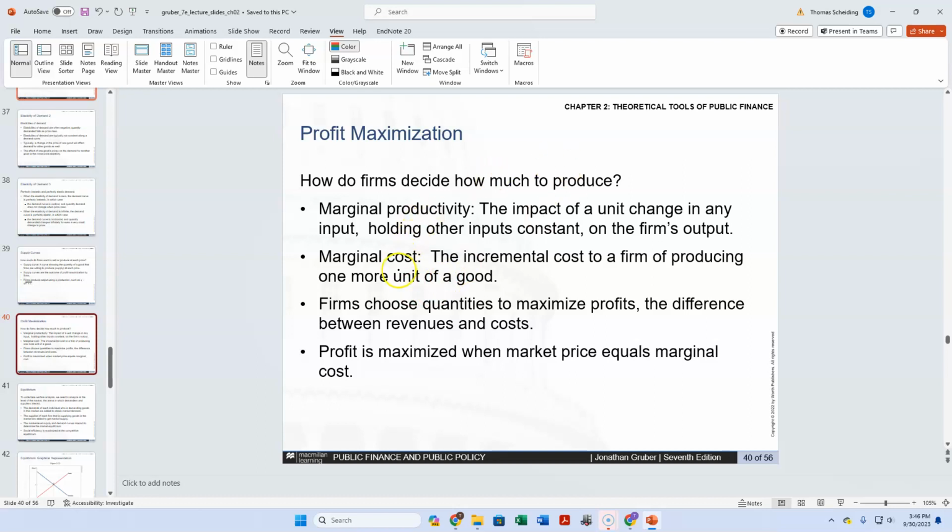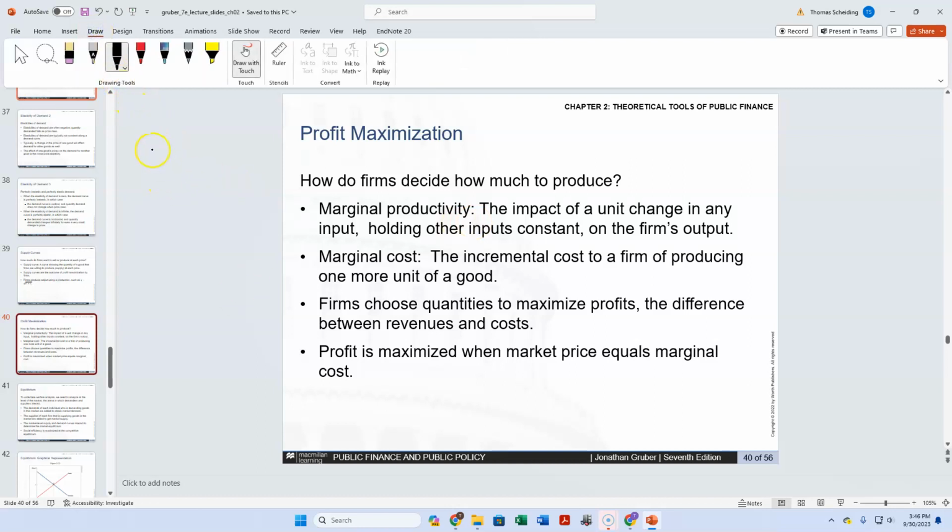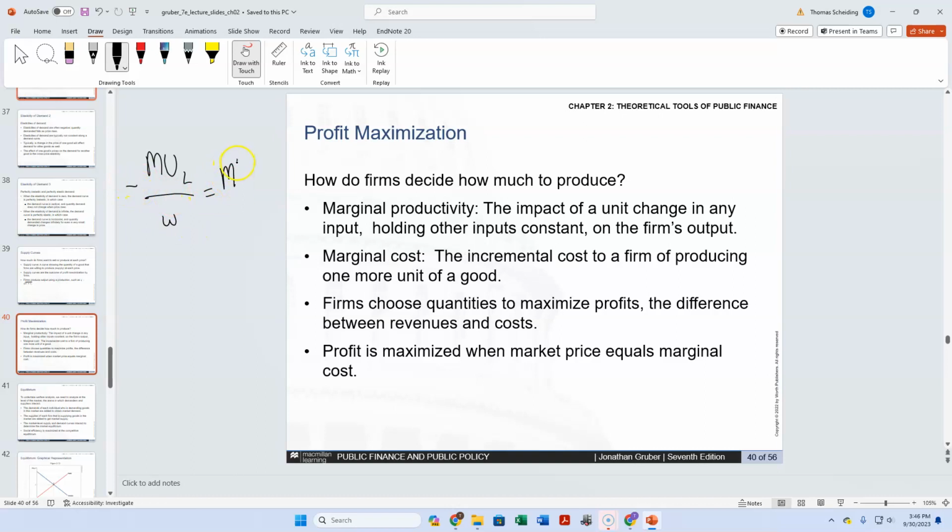That they're trying to maximize, they're looking at the productivity of each input. So just as we did for consumers, the marginal productivity of labor over the price of labor, which is the wage rate, is equal to the marginal productivity of capital over the price of capital, which in this case is the rental rate.